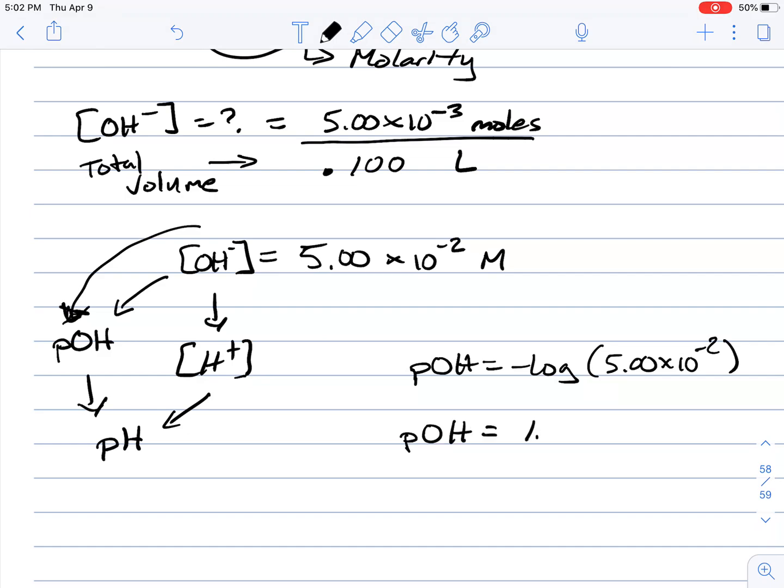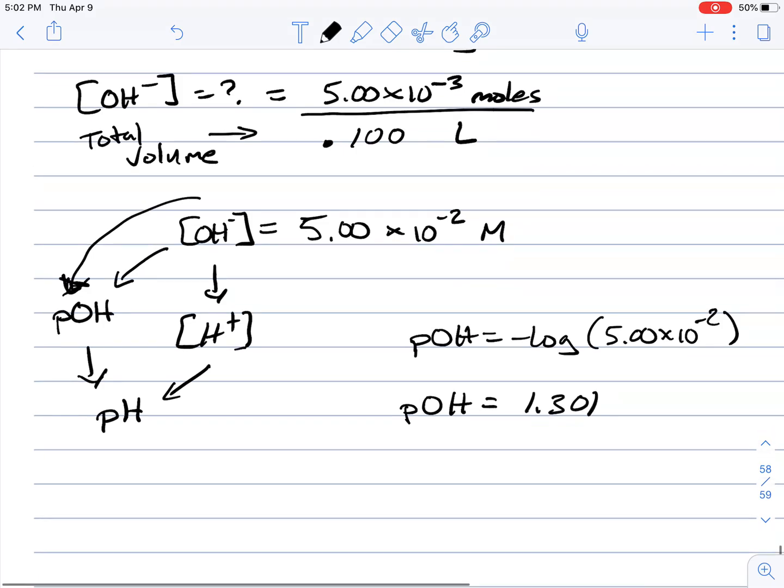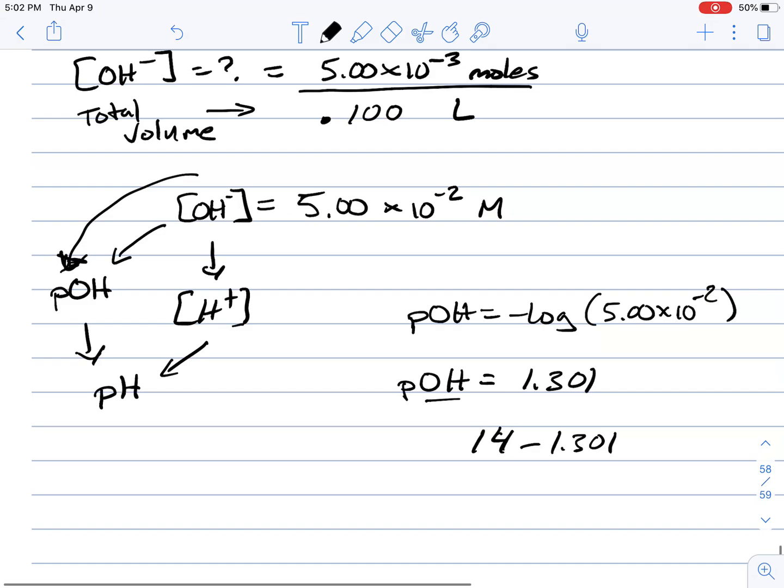of 1.301. So please be careful. This is not the pH of the solution. This is the pOH. And so if I take 14 minus 1.301, I'll get my pH.